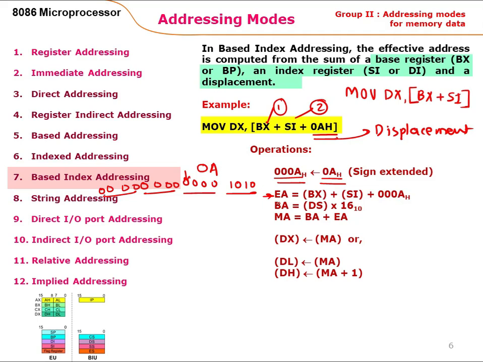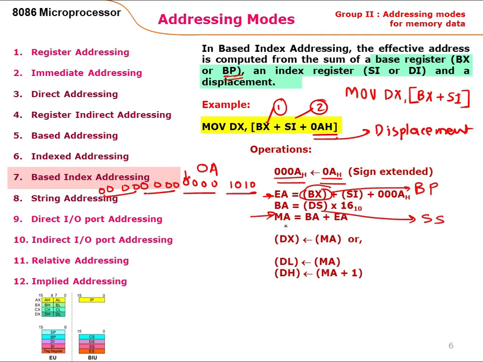The base address is calculated with the help of the data segment register. As we are using the BX register, the data segment register is used for the base address. If we use the base pointer register instead of BX, then DS changes to the stack segment register, and the effective address and base address are calculated accordingly.